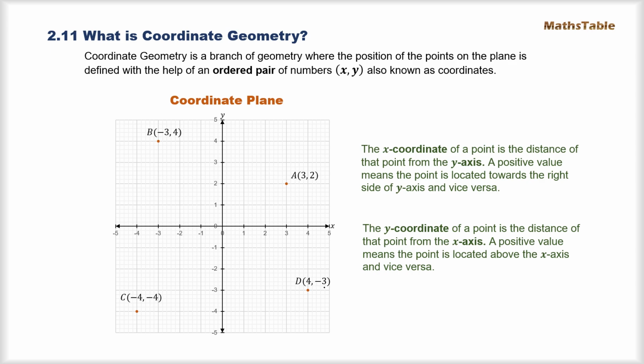And similarly, a negative sign of the y coordinate indicates that this point is 1, 2, 3 units below the x-axis. So together, these two x and y coordinates define the exact location of the point on the coordinate grid. So this is the brief introduction of coordinate geometry.